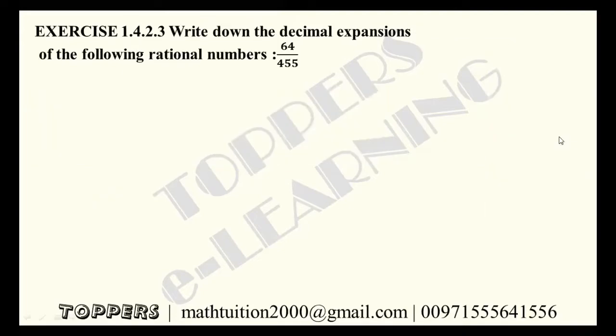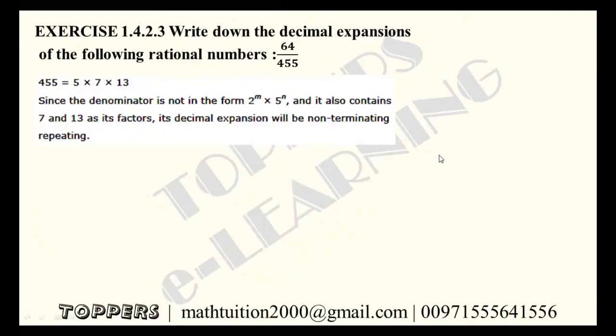64 by 455. On the prime factorization of 455, in the previous session, we found that its prime factorization is 5 into 7 into 13. So other than 2 and 5, there's no 2 but 5 is there.